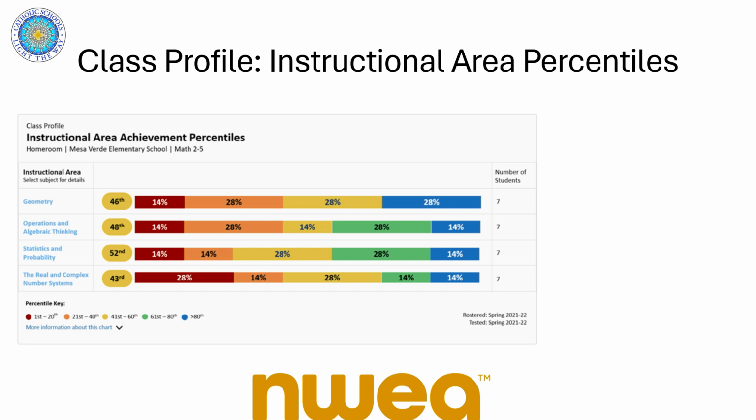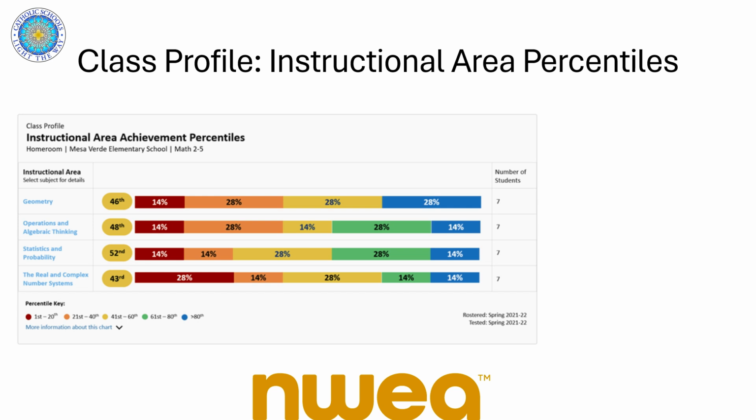The Instructional Areas tab will first break down each instructional area that was assessed and give an overall percentile representation based on the color bands, and also an achievement percentile, which is in the oval shape next to the percentile bands.